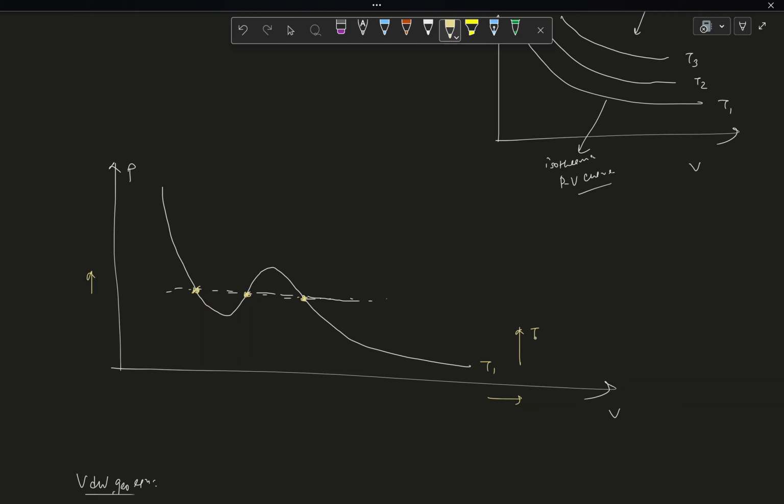Now if you increase your temperature, the next set of curves will be looking something like this. So maybe we first draw a line for our reference. The dotted line will be going from the peak and dip of these curves, and based on this the next line will be, let's say this is our next straight line.